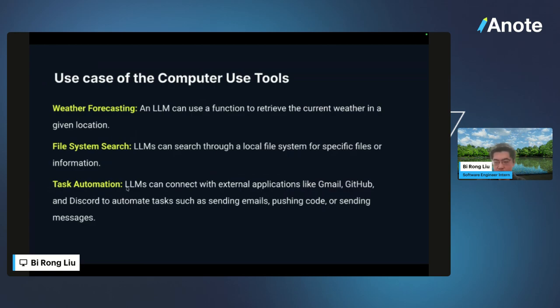Those are the tools a large language model can pick and use, similar to how we as humans check our phone for the weather. It can also do file searching and some tedious test automations, such as opening Gmail and sending emails to clients and whatnot.